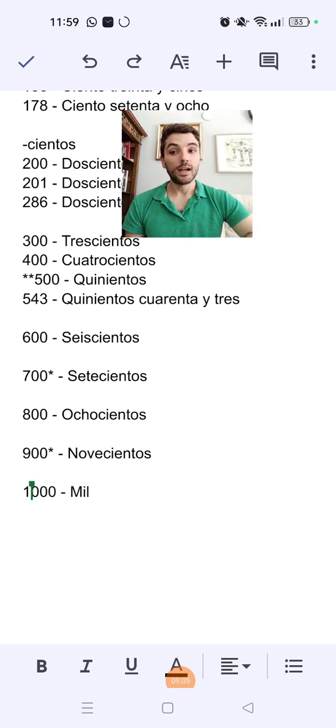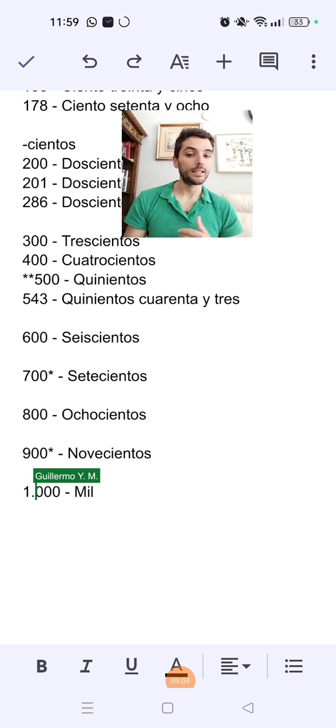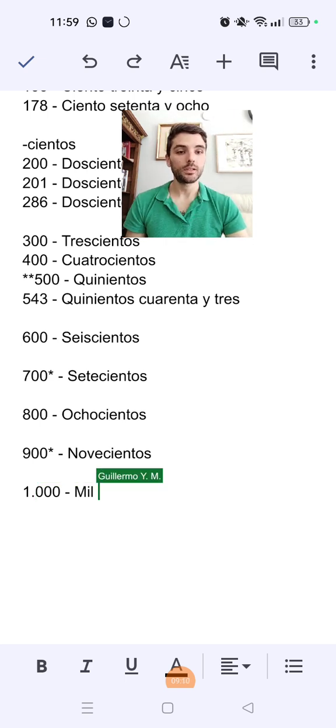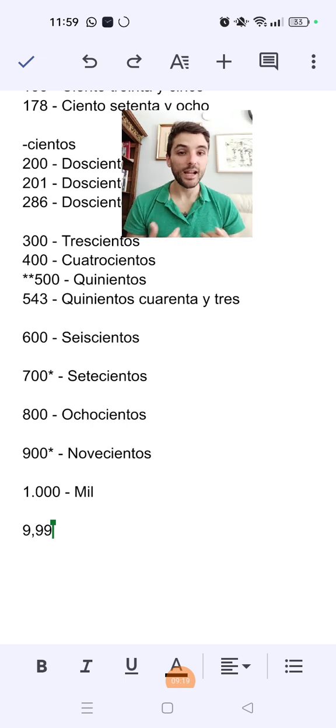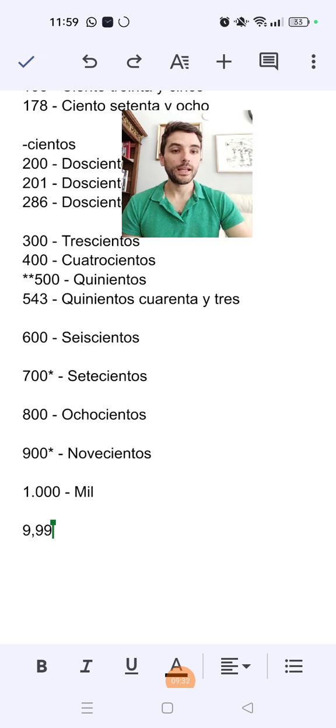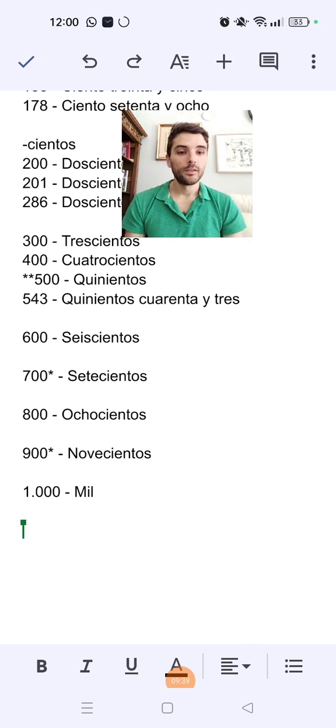We write a dot to make it 1.000. We actually use the comma for the cents, like 9,99. This is an offer, you can buy this for 9,99. So we use the comma for this purpose, and then we use the dot for the thousands. This is something to have in mind.